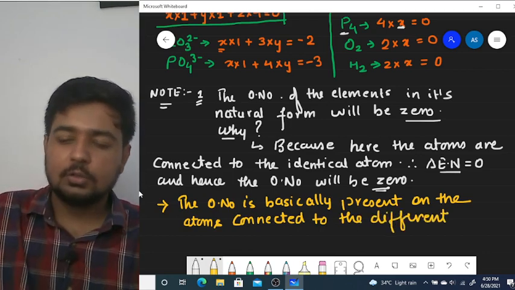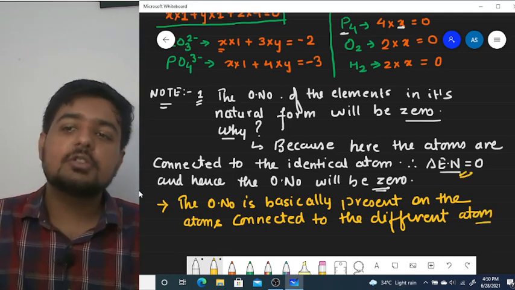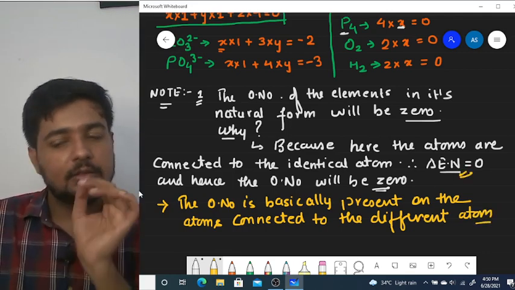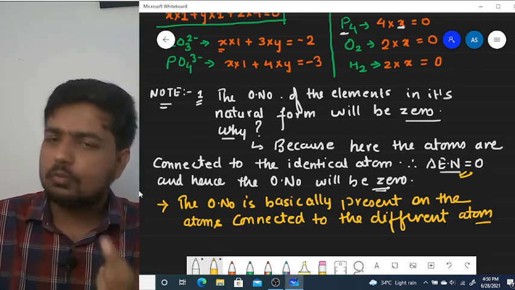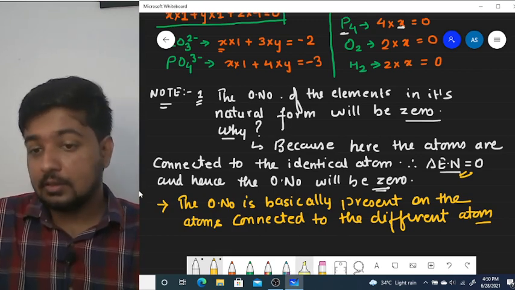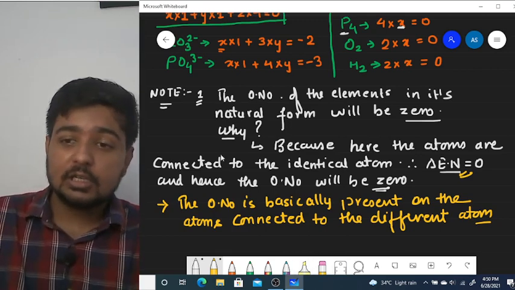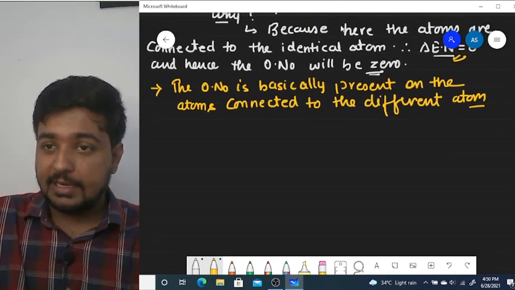Because due to the connection with the different atoms, the delta EN will not be equal to 0, and hence there will be some oxidation number. It will be +1 or -1. It will depend.